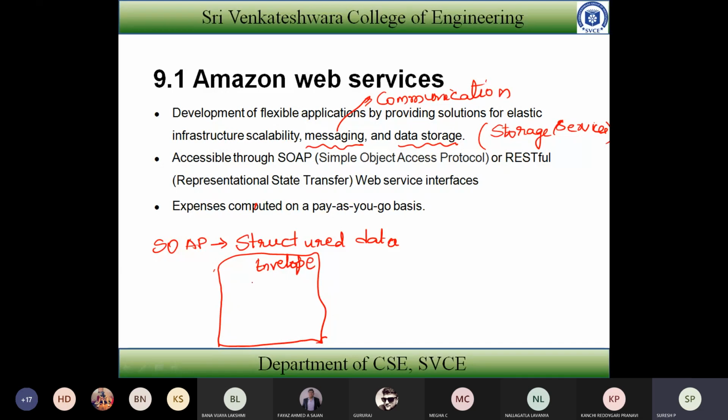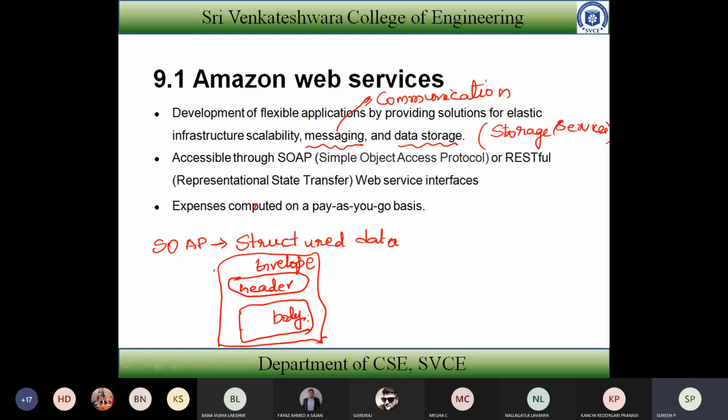After the header, the environment has to be created. What you are going to have is the body. The data or the structured information which you want to transfer is represented as the body.